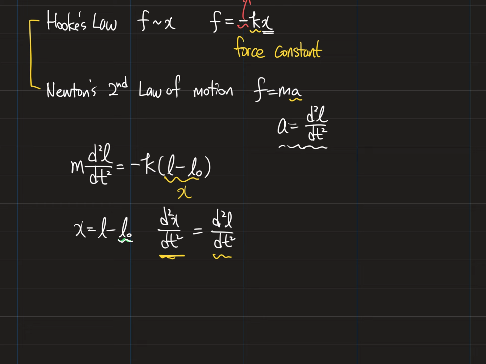So the governing equation for the simple harmonic oscillator is something like this. And we can solve this simple differential equation, right? This is an example of a second order linear differential equation.